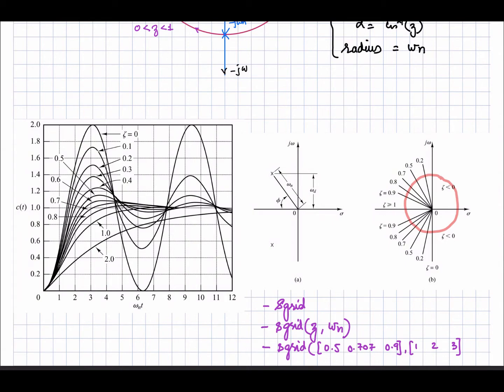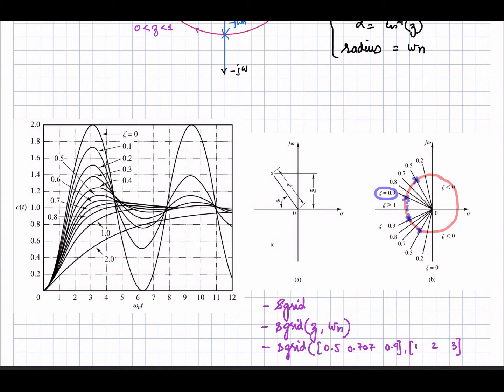For example, if I want to design a system which should have a damping factor of 0.5, then I will adjust the poles over here at the zeta line that is equal to 0.5. Now if I want to adjust the response of the system in such a way that the damping factor is 0.9, I will adjust my poles at the intersection of the 0.9 zeta line with the root locus of the second order system.